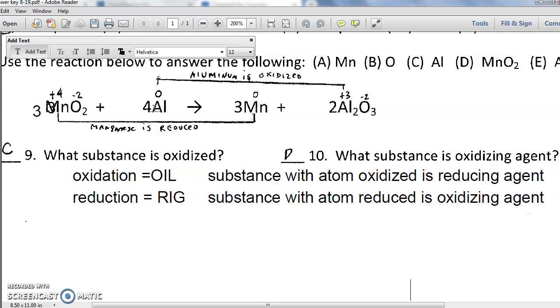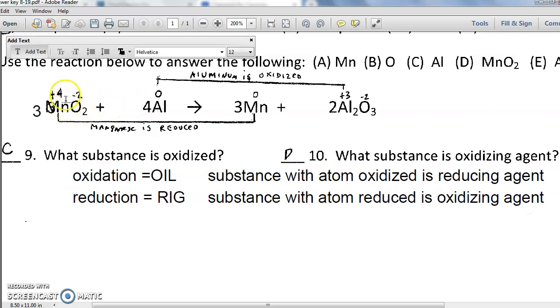When you dump your electrons on something, you're giving it negative things. If you give something that's negative, you're going to reduce its number. Negative is a number, a negative number. So we have a total of 12 electrons getting forced onto something else.